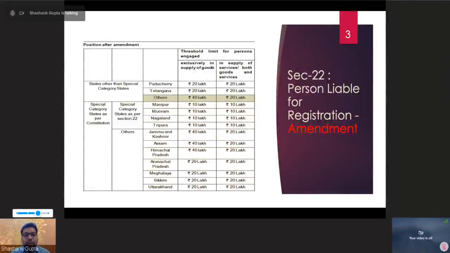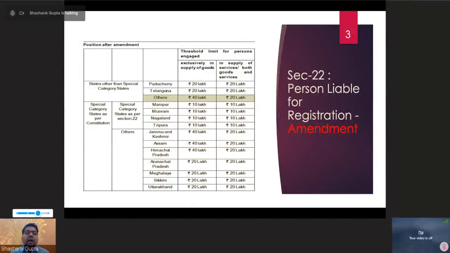Okay? So this could be a tricky question in the exam, because this is a recent change wherein state-wise different turnovers have been prescribed, and they would want to trick you by saying that the taxpayer has a location in Delhi, also in Puducherry, also in Tripura. The turnover is, suppose, 19 lakh.